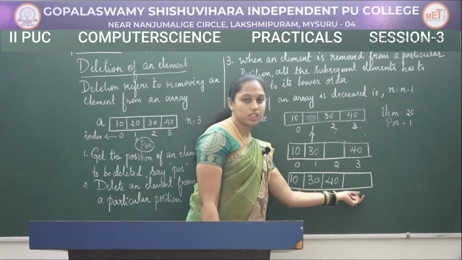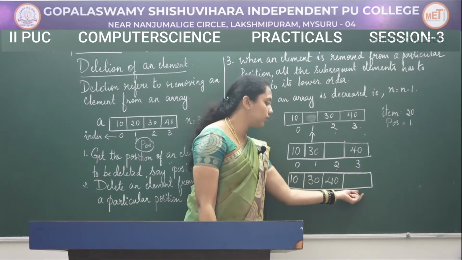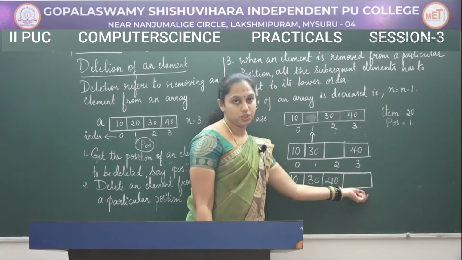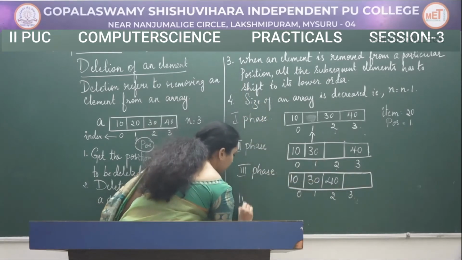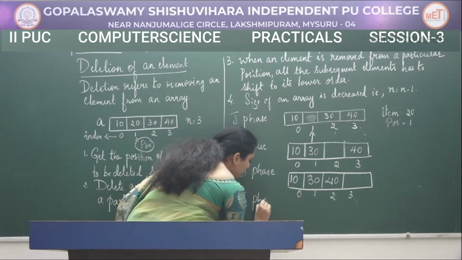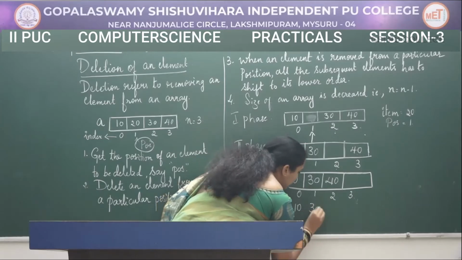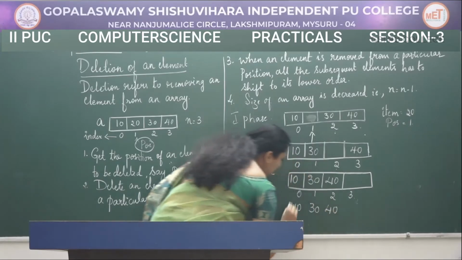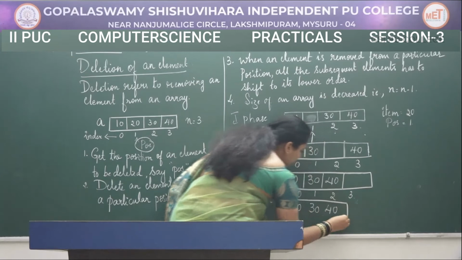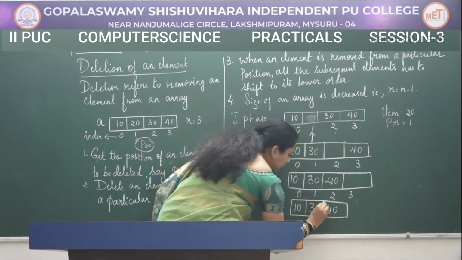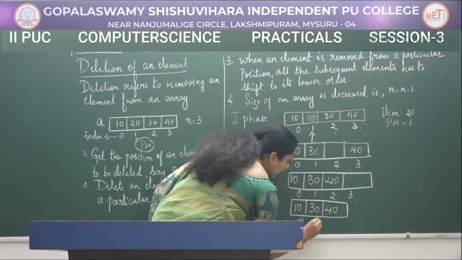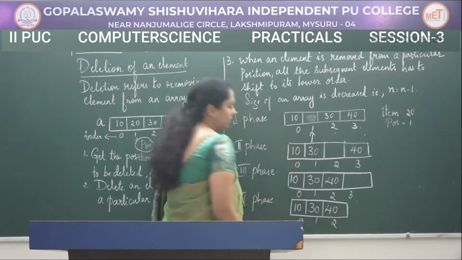Now this position is empty, so we are going to discard this position. So in the fourth phase, the array A contains only the elements 10, 30 and 40.